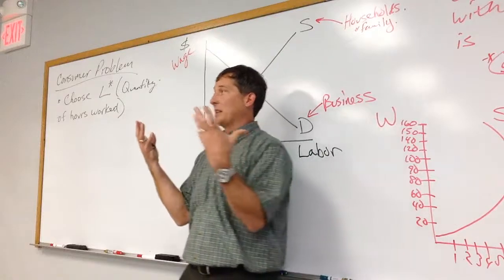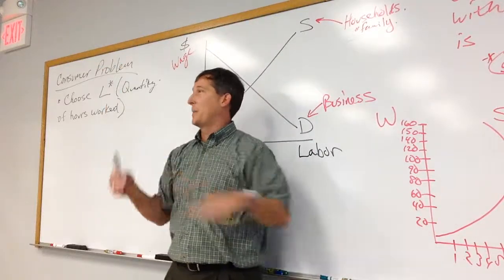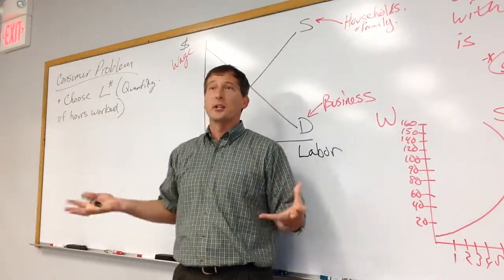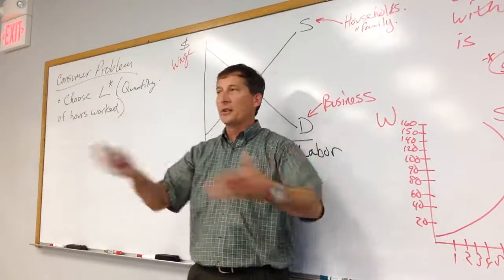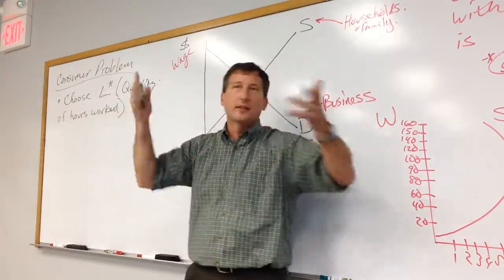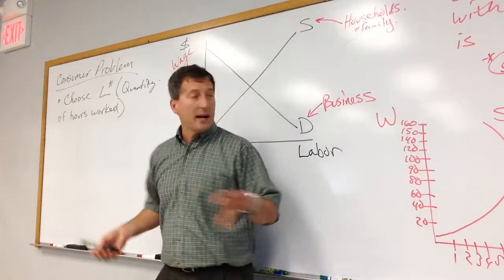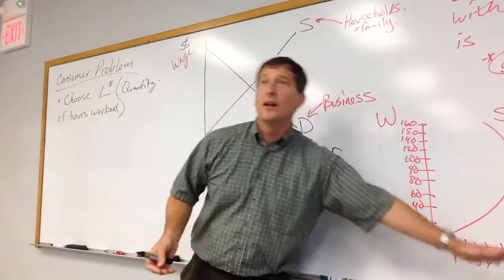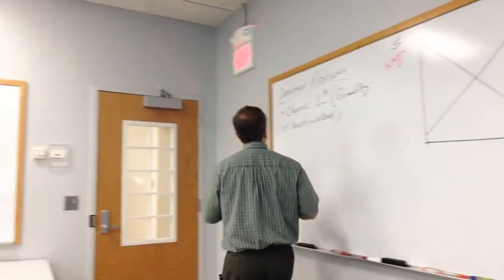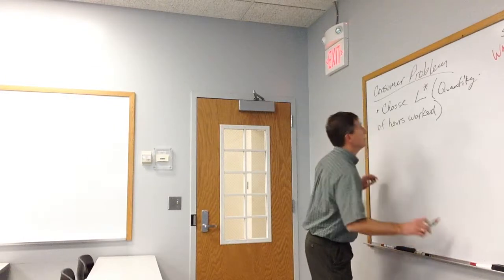And then you're going to generate your income, depending on what you choose. And then you could go through the same process of choosing beer and pizza and whatever else. But by thinking about L, you've also thought about leisure.